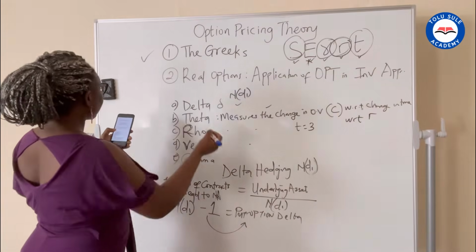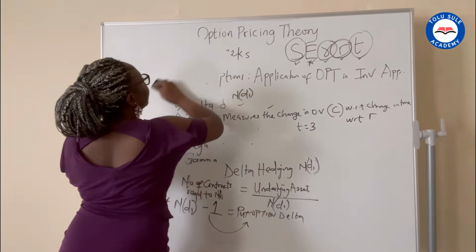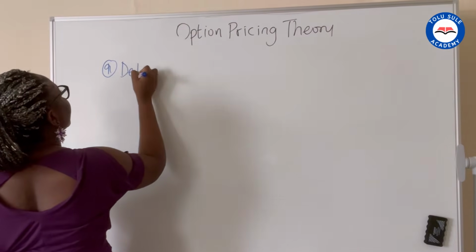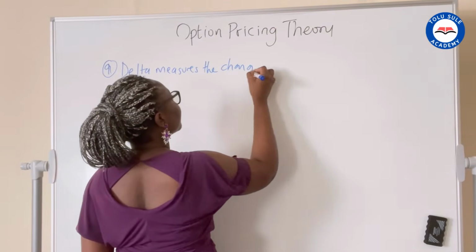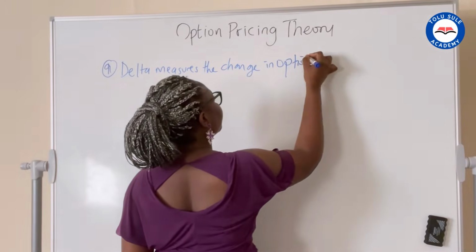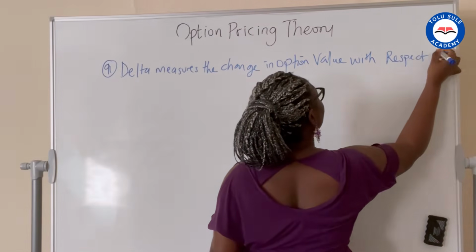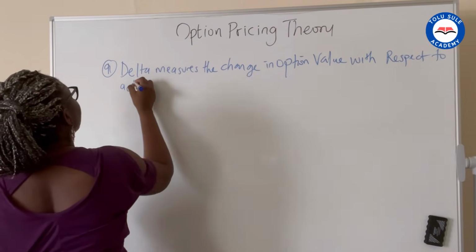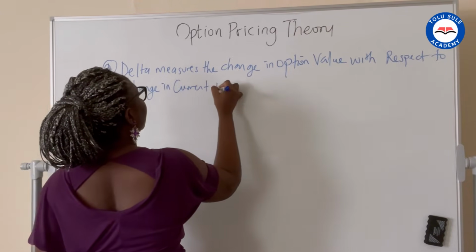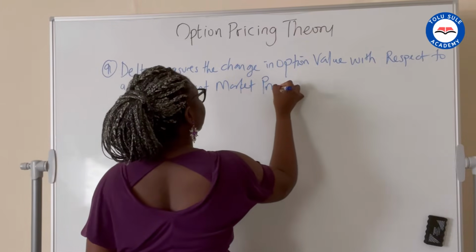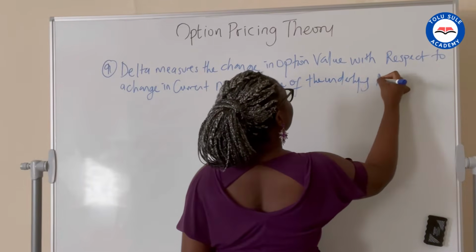So you just say, let me write it, delta measures the change in option value with respect to a change or fluctuations in the current market price of the underlying asset.